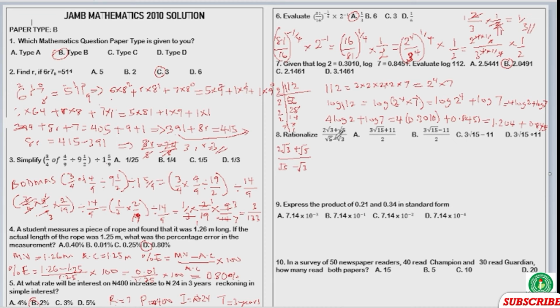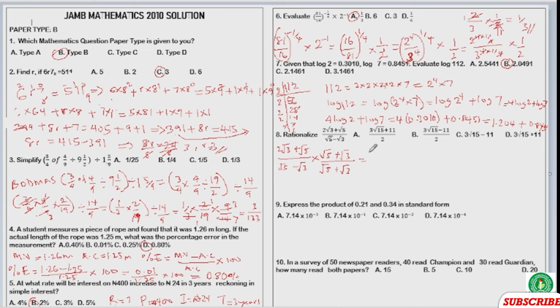To carry out rationalization, you multiply both the numerator and denominator by the conjugate of the denominator. What is the conjugate of the denominator? Here we have root 5 minus root 3, then the conjugate will be root 5 plus root 3. So multiply by root 5 plus root 3 over root 5 plus root 3.